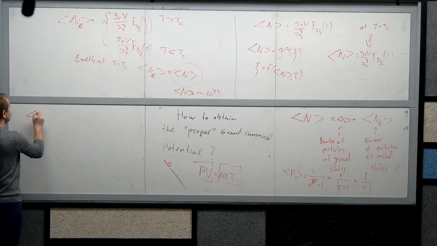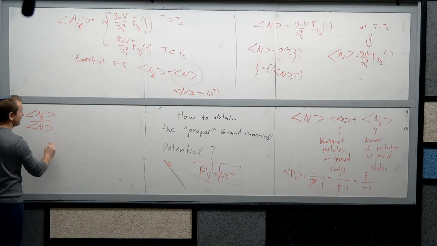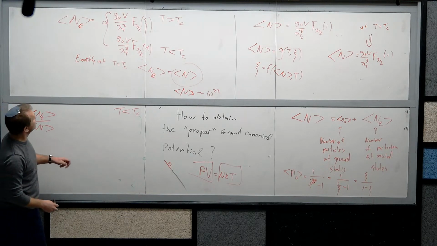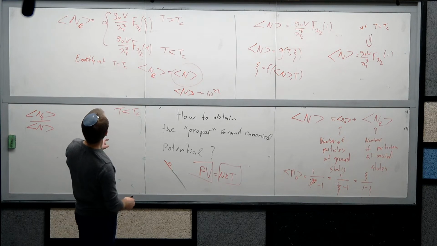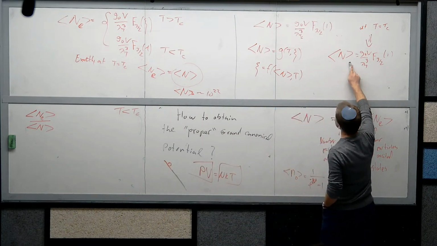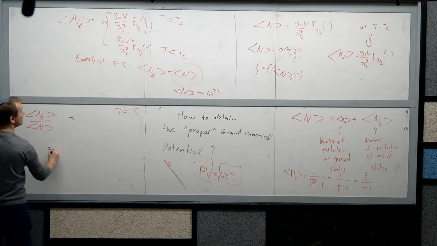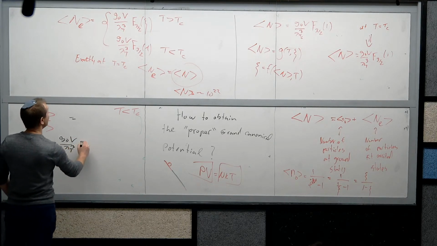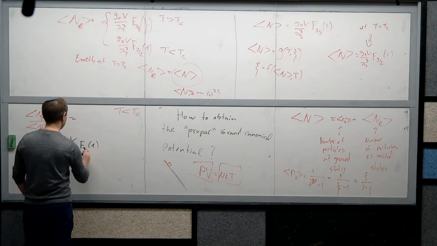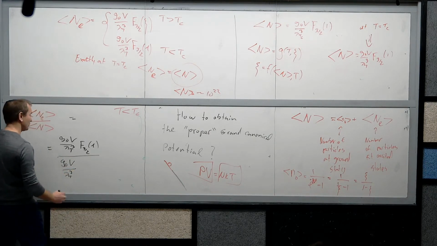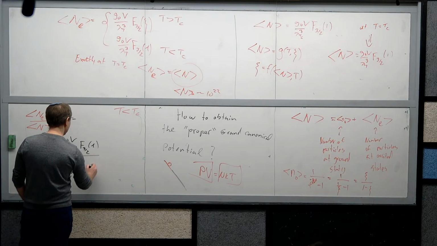So I now can calculate what is n excited divided by n for t lower than Tc. I have to take this one and divide it by this one. So it equals G0 V over lambda t to the third times F3 halves of 1, divided by G0 V over lambda Tc to the third times F3 halves of 1.